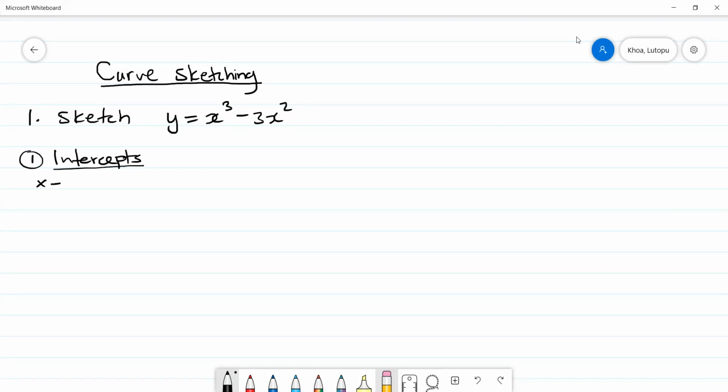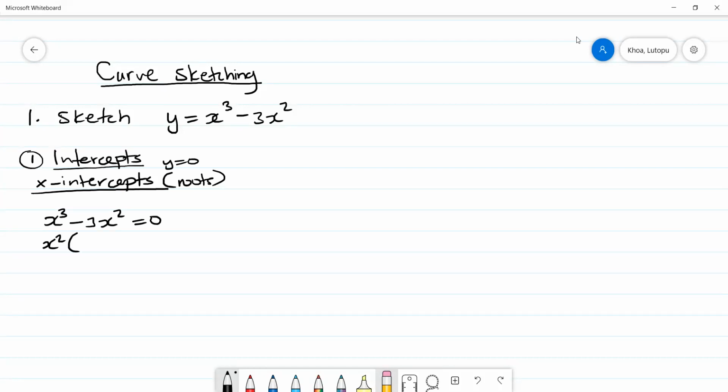So we start with the x-intercepts. These are sometimes called the roots. At the x-intercept, y is equal to 0. So we have x cubed minus 3x squared equal to 0. We see that x squared is a common factor, so we take it out.